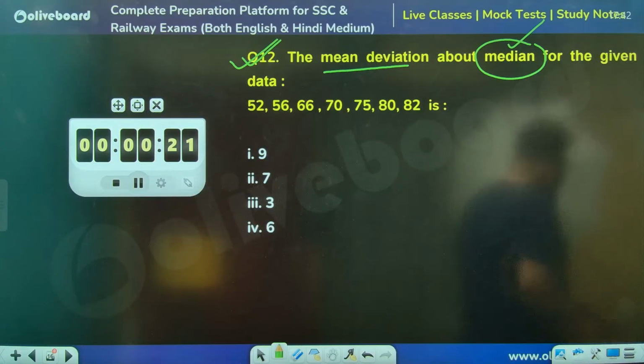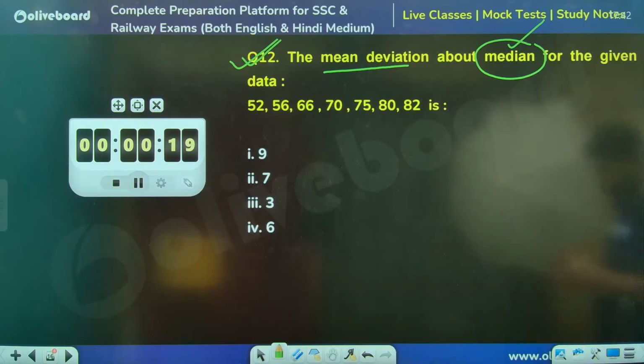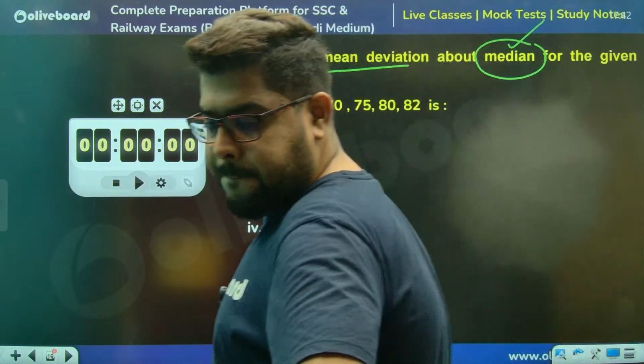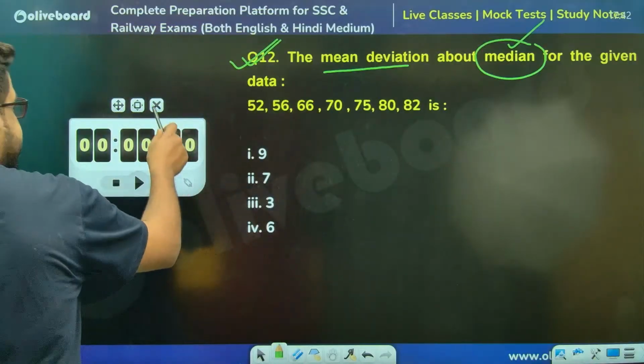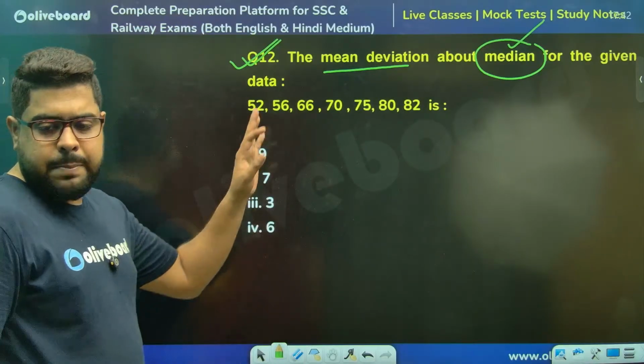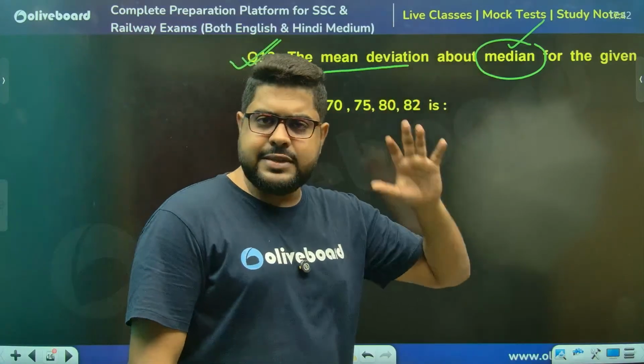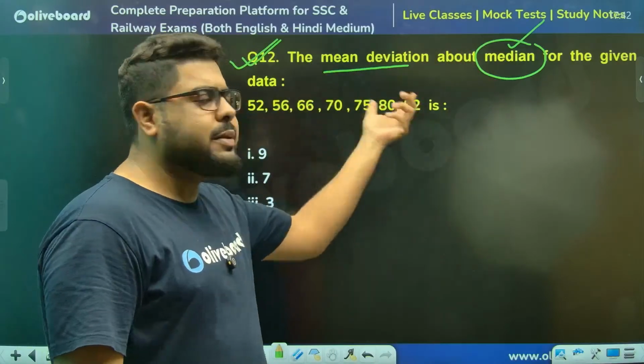Tell me, sir. Mean deviation about median. First of all, normal mean deviation means it is always taken from the mean.